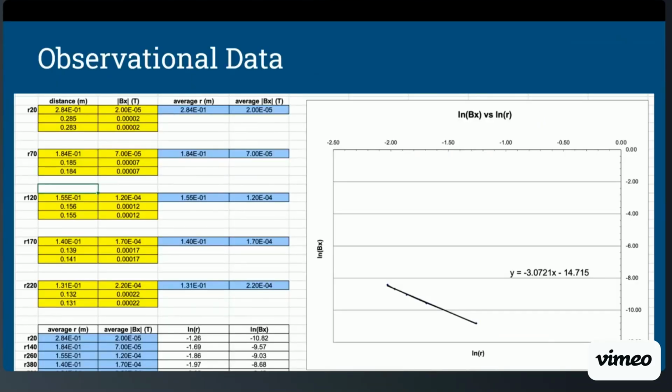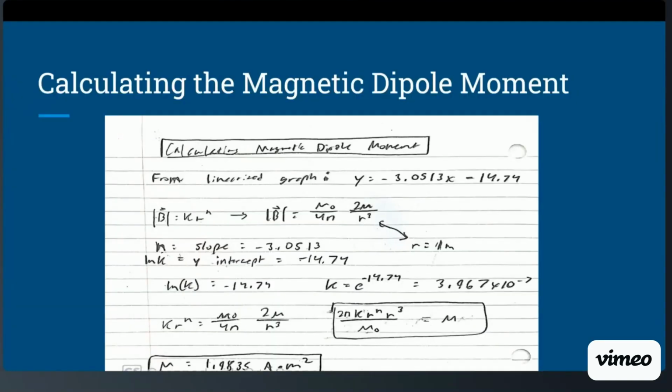Moving on to our data, we first decided to measure the magnetic field from the bar magnet on axis. On the left side of the picture, we have our distance values of the phone and the bar magnet in order to create a magnetic field of a certain strength. The distances and the magnetic fields are then averaged and linearized into a graph, and the equation is shown on the right side. Now that we have the linearized equation between the distance and the magnetic field, we can determine what k and n are in the exponential distance and magnetic field equation.